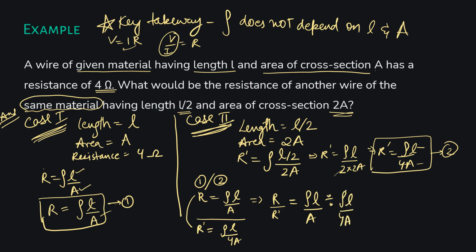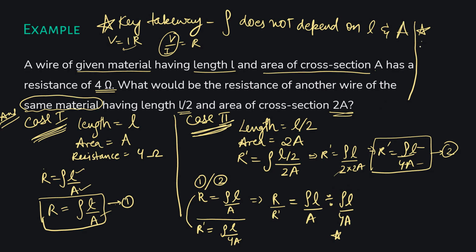So what happens when there is this divided by? I don't have space here, so I'm going to do it on this side. When this division sign is changed into multiplication, the other term is inverted. That's what we do, obviously, right?